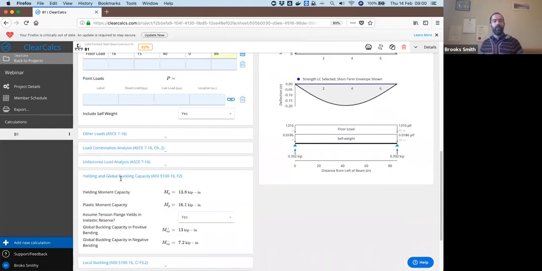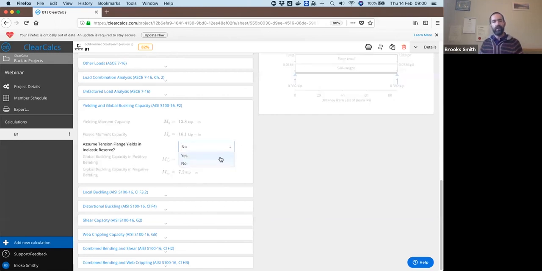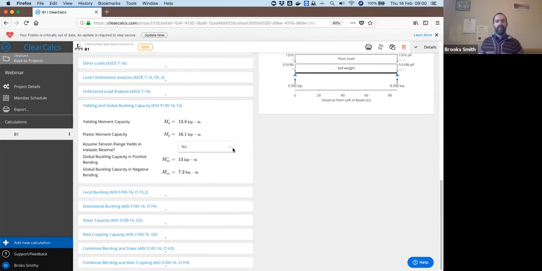And within these calculations, we're going through and calculating out for you what the yield moment capacity, plastic moment capacity, global buckling. You can turn on and off inelastic reserve capacity, though this section is unable to make use of it because it buckles before it yields.